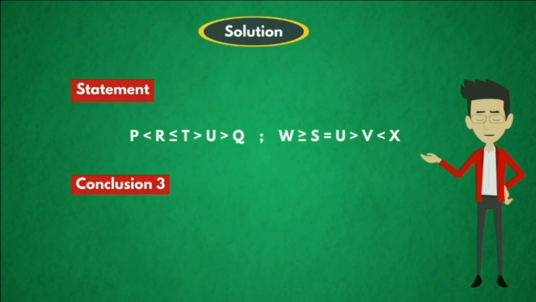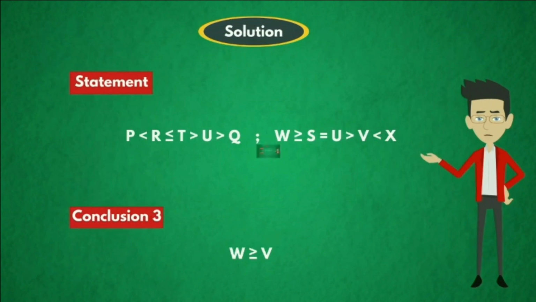Conclusion 3. W greater than or equal to V. Here in the statements, we have a direct relation between W and V. So here from W to V, we have greater than or equal to symbols.